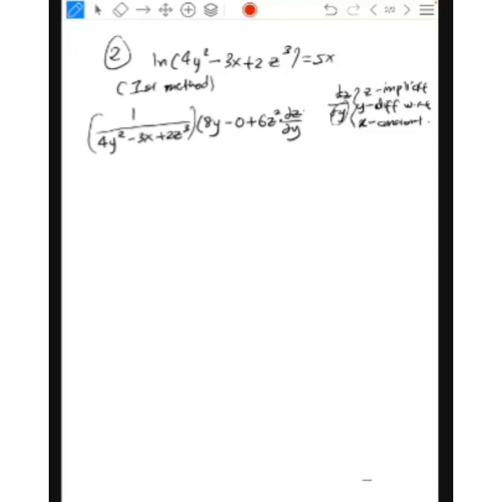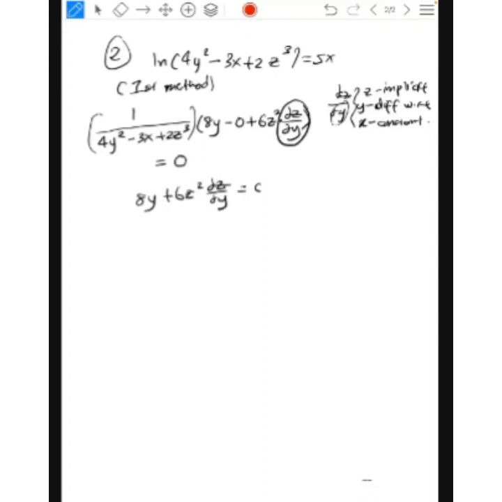And then equals to, differentiate 5x will be 0 because x is constant. Okay, so this one you have to bring to the other side. So first of all, you will have xy plus 6z squared del z del y equals to 0.